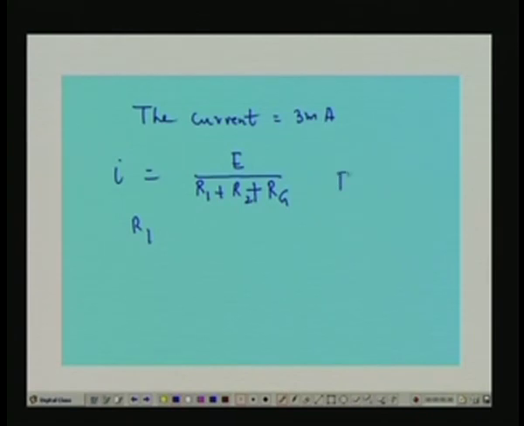Now E is given, E is equal to 1.215 volt. So R1 plus R2 plus RG is equal to 405 ohm.